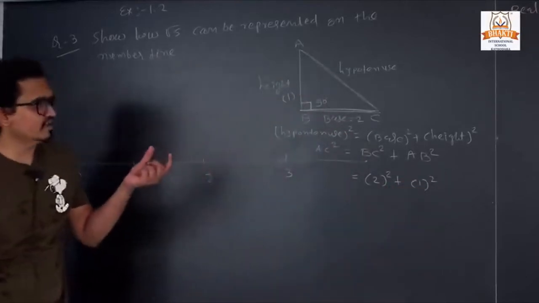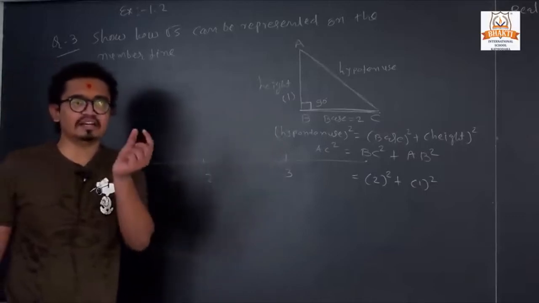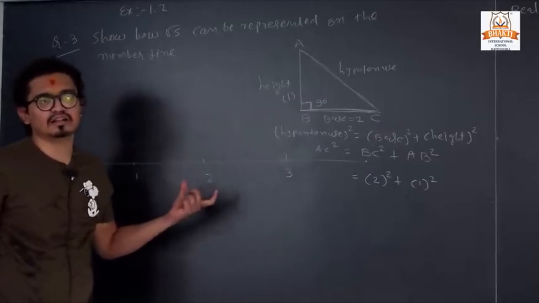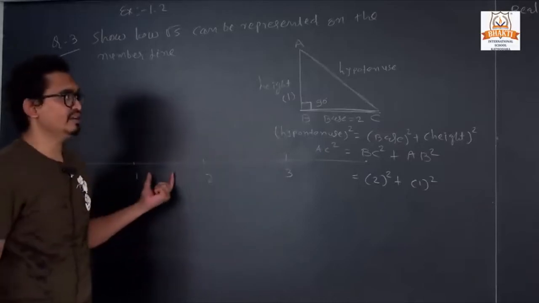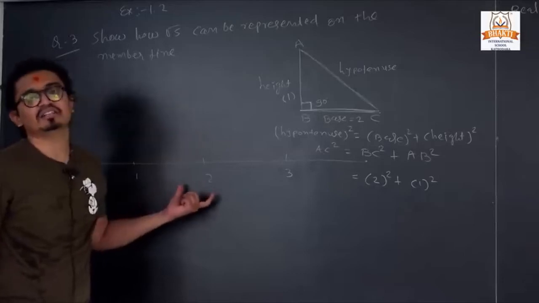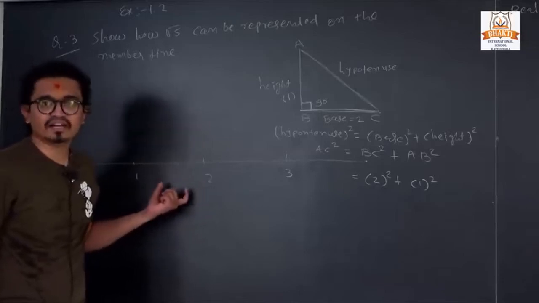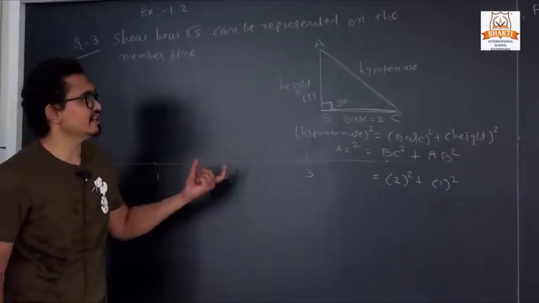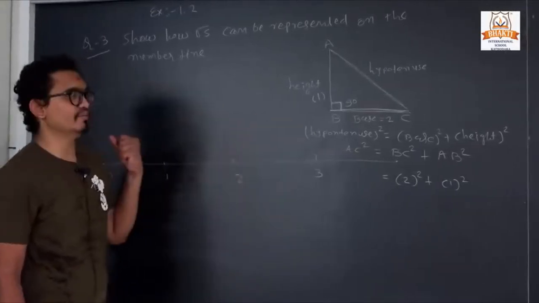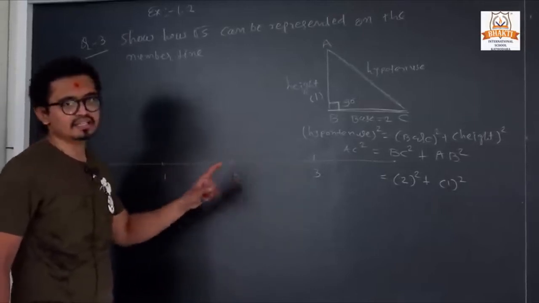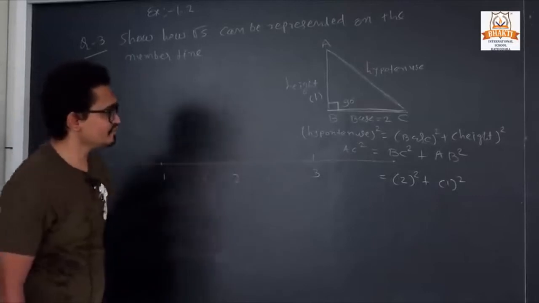If you are taking a centimeter scale, it will be very small on your page. So you can take any scale, like 5 centimeters is equal to 1, or 10 centimeters is equal to 1. But if we take 5 centimeters is equal to 1, we can easily represent that number on a number line. So we can declare 5 centimeters is equal to 1.